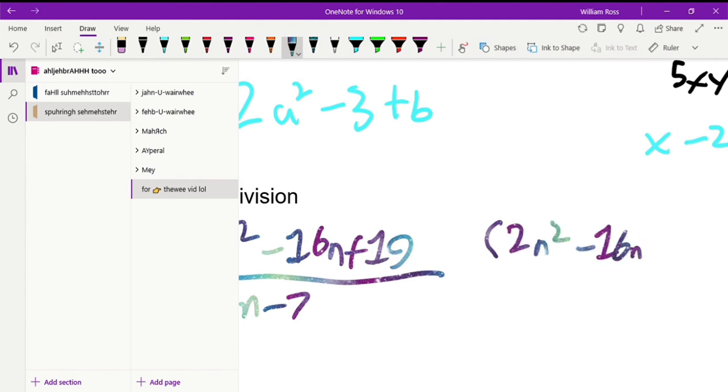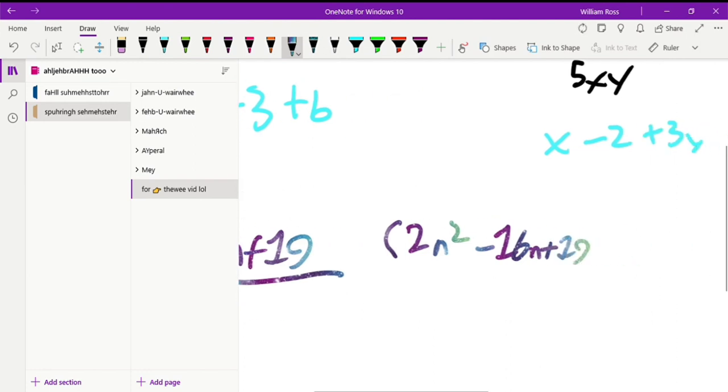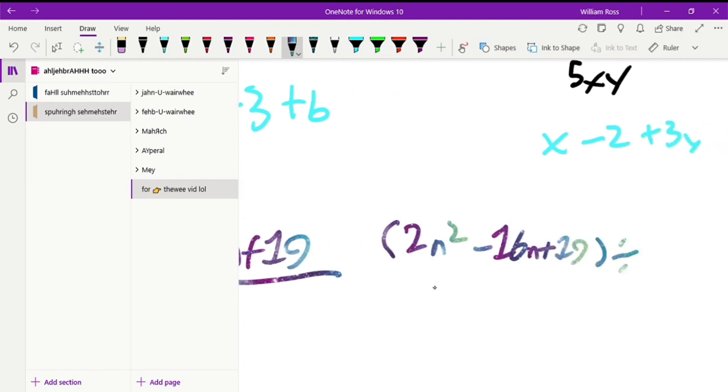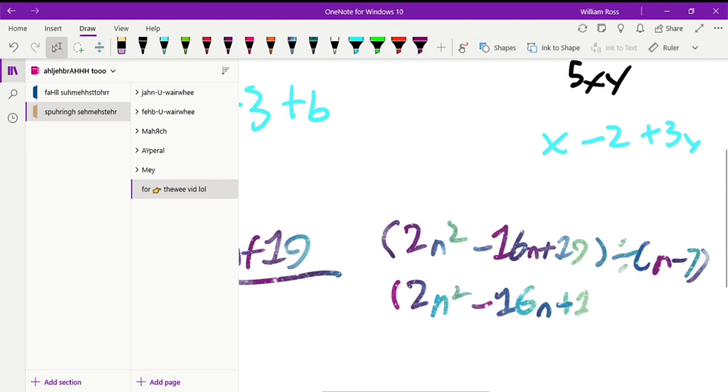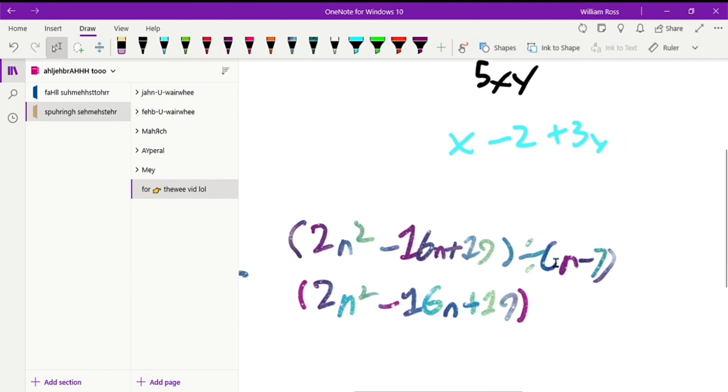Let me just write this out really quick. Or it can also be written in multiplication form. Let me try to move my mouse so my cursor isn't having a seizure.